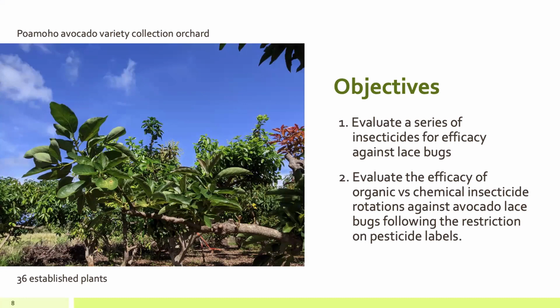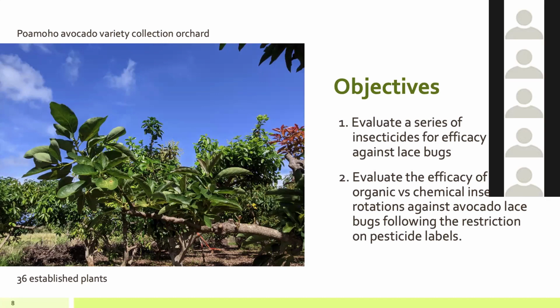We also wanted to evaluate the efficacy of the organic versus chemical insecticides in a rotation, because pesticides have a quantity of product you can apply per year, as well as a resistance that can build up by the insects to certain chemicals. We wanted to see if we put the products in a rotation, how would that affect the efficacy of the control? So this research was done at the Pomoho Research Station on Oahu.